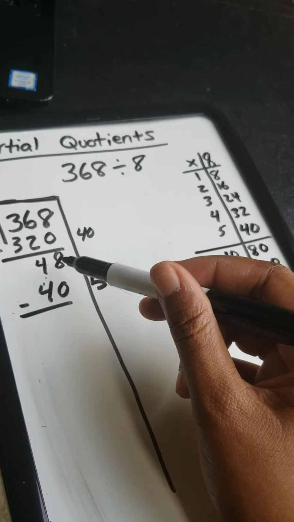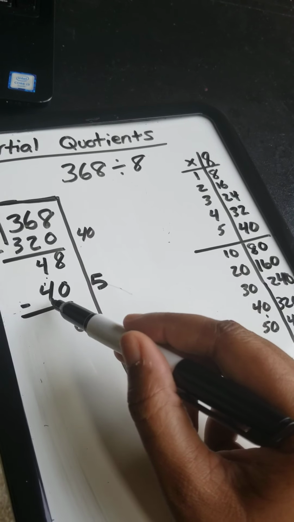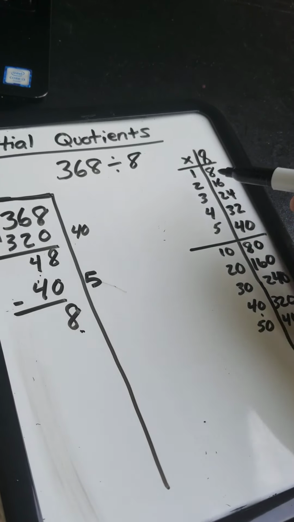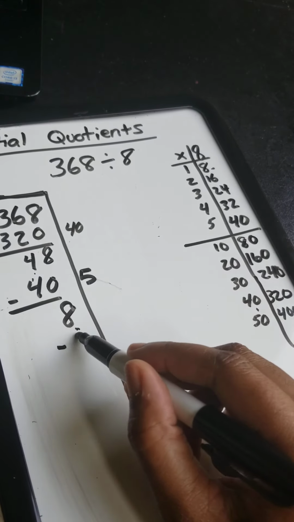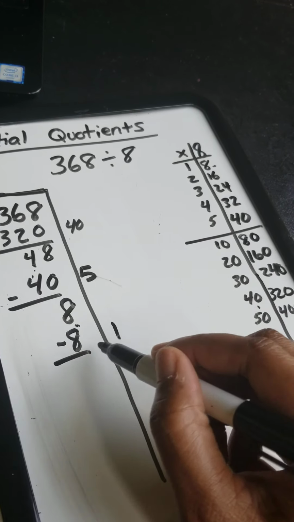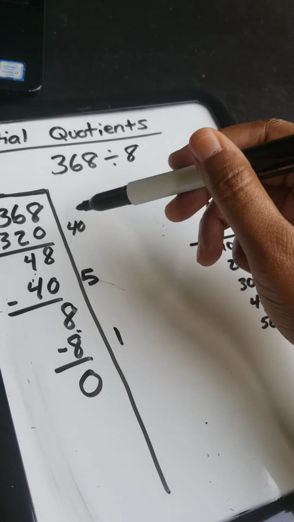Let's subtract. 8 minus 0, 4 minus 4, 0. I do have 8. Minus 8. Partial quotient for 8 was 1. 8 minus 8, 0. So these are your partial quotients.